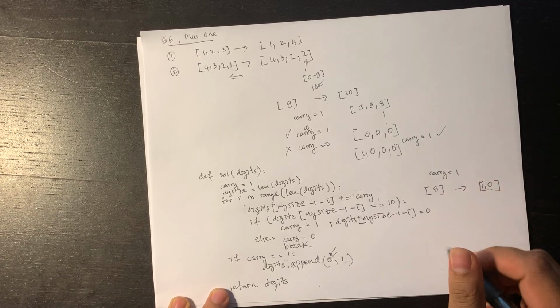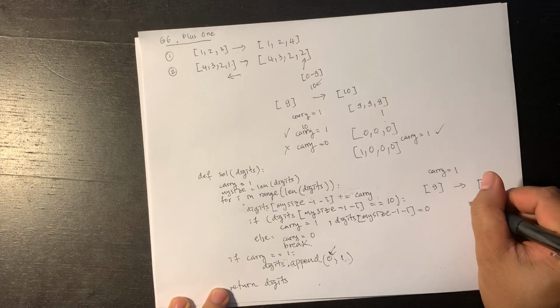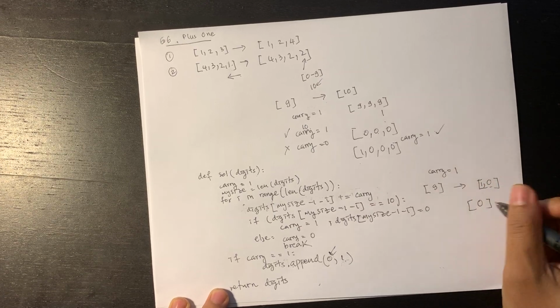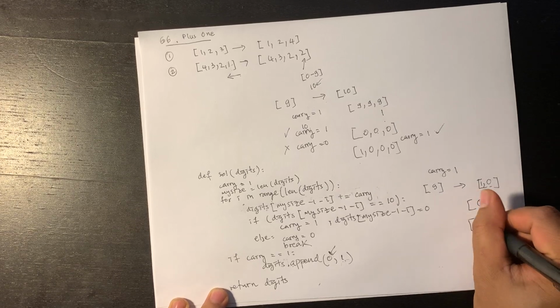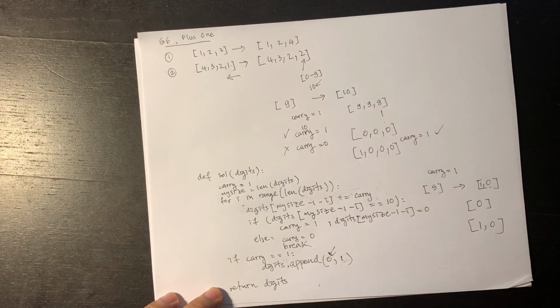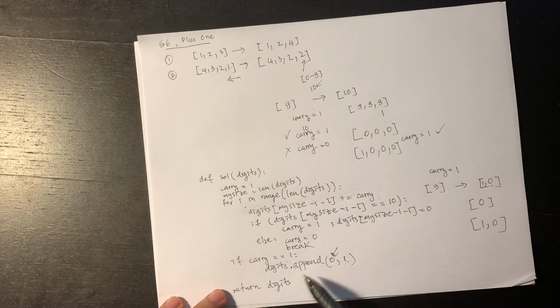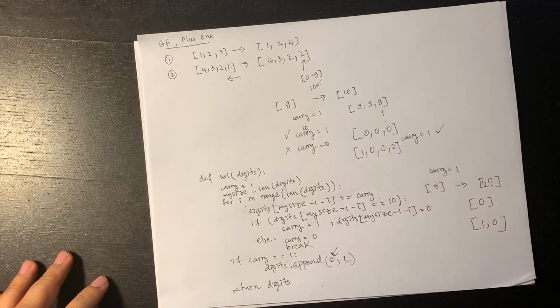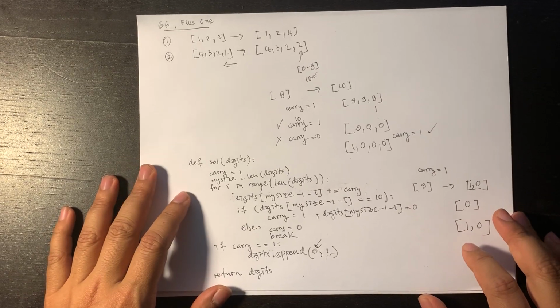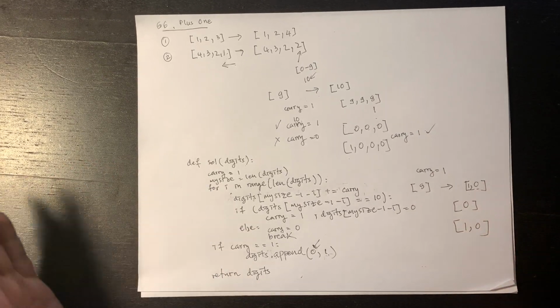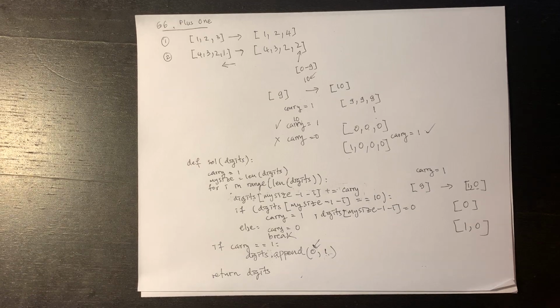In this case, I want to index at 0. So initially it was this, and after it breaks out from the loop, I want to add 1 to the front, which gives 1, 0. In the case that the carry is 0, we don't want to do anything. Right, it looks right. Hopefully it's right, and I'm going to code this, and let's see if it runs. All right, thanks.